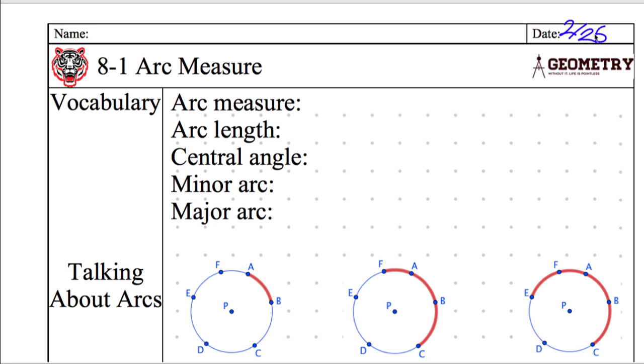So it's the measure, and we'll put in degrees, of the arc. And whenever I say arc, I am talking about the edge of the circle.